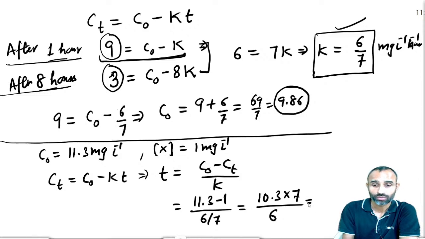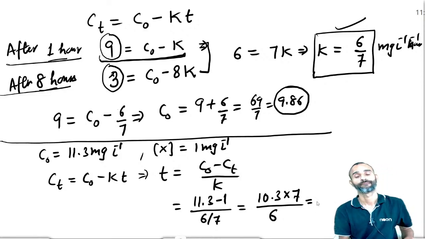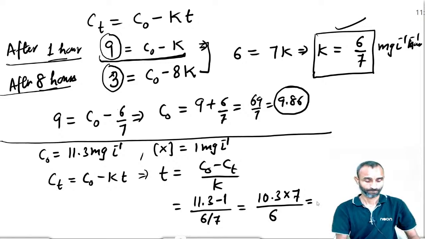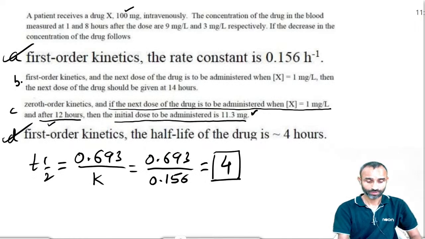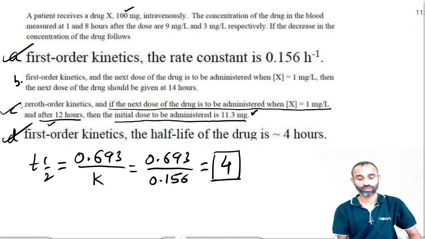The value is 12. That means it's correct. Option B is also correct.